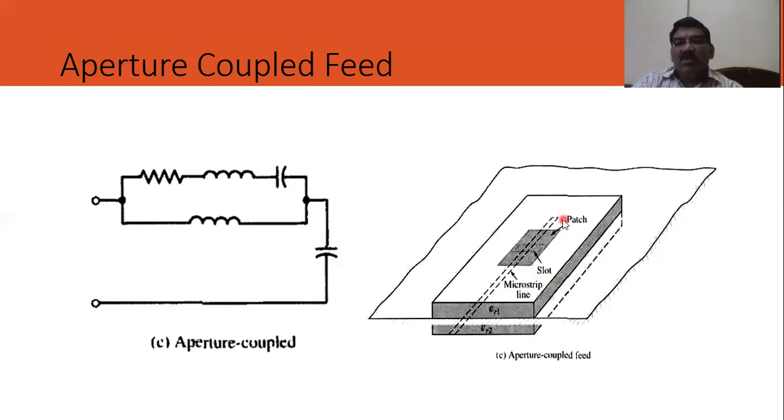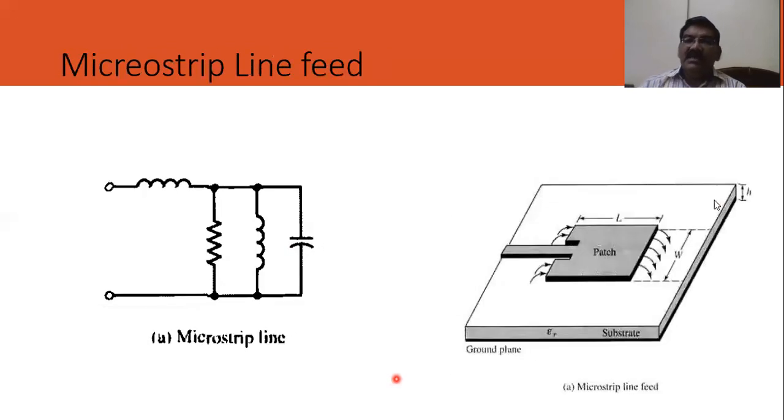Whatever you see outside this portion is the ground plane. So this is indirect coupling. Why do we require this? Because in the previous technique there is spurious radiation from the microstrip line, which is an additional part and disturbs the radiation pattern.